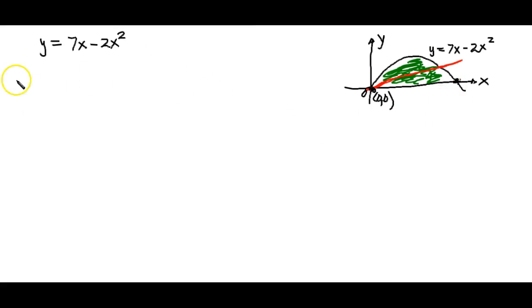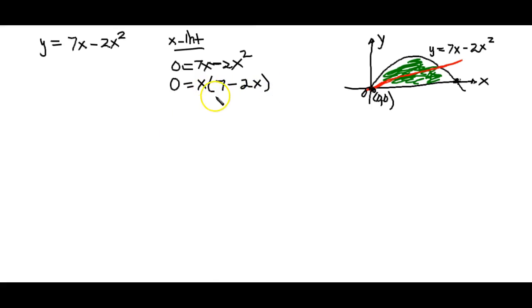So we know how to find x-intercepts. Remember, you're going to let y equal 0. So 0 equals 7x minus 2x squared. I'm going to solve this by factoring out an x: x times (7 minus 2x) equals 0.